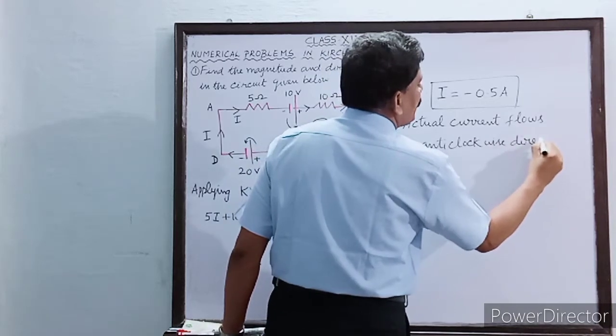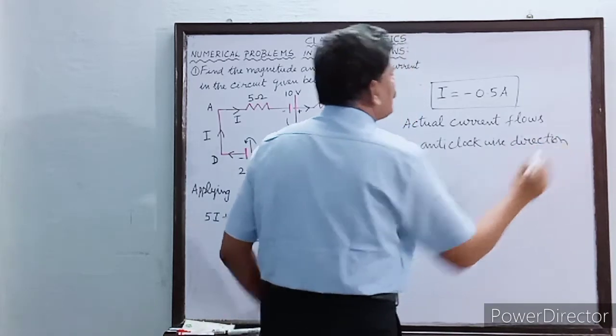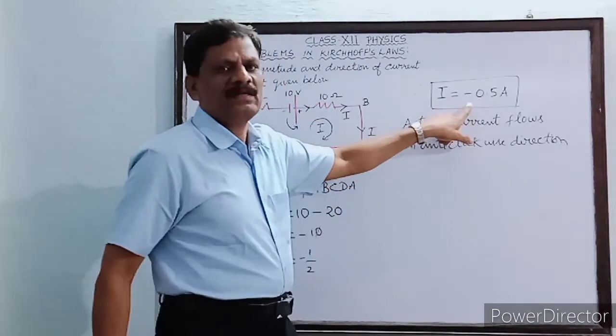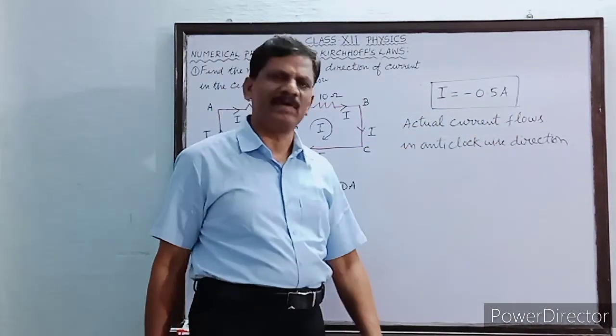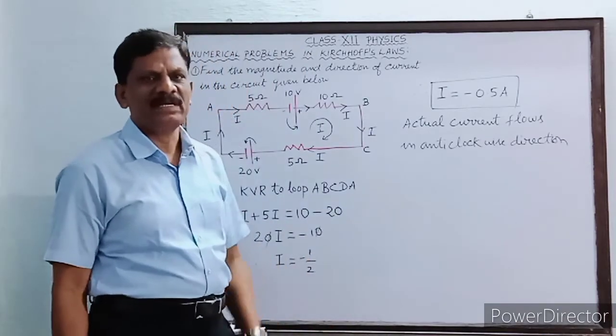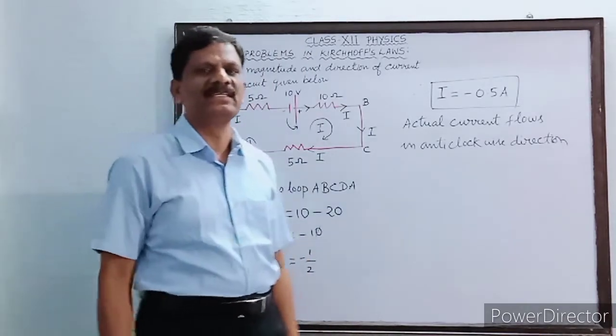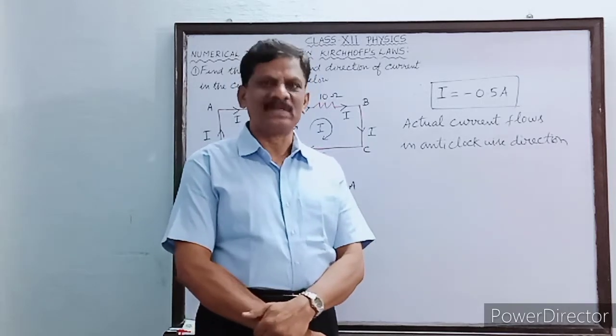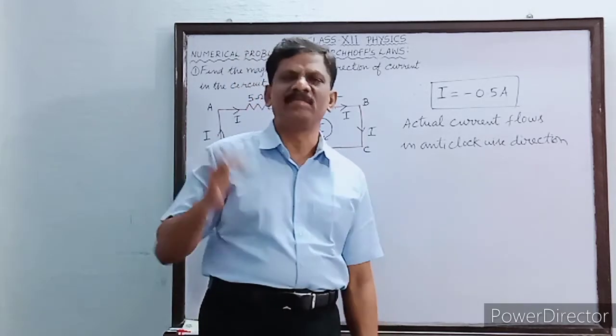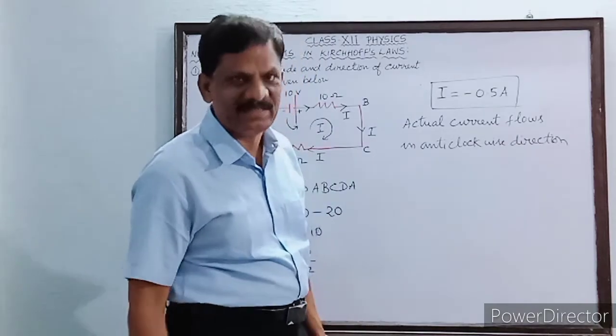So what is its magnitude? Its magnitude is minus 0.5 ampere, or you can say the magnitude is 0.5 ampere, but the minus means the direction is opposite to the assumed direction. Understand? I hope you must have understood. We are going to do some other interesting numericals. Wait then, okay?